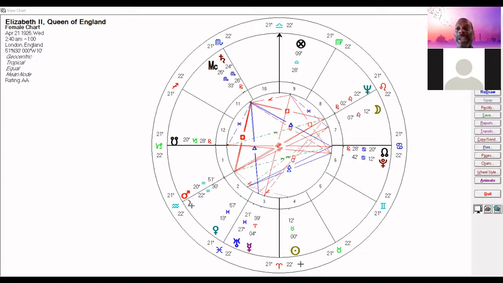So whenever anybody uses the term chart ruler, they're talking about the ruler of the ascendant. Now, there are other designations that are like compound designations where you get what's called the total ruler of the chart or something like that.